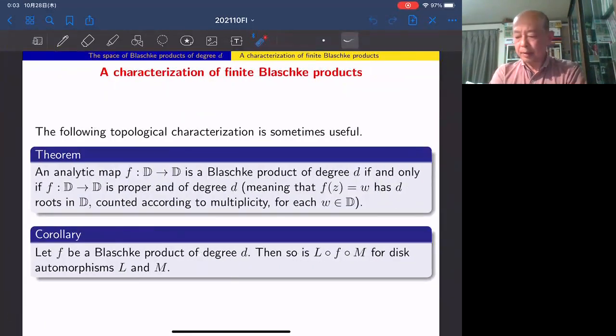Here are a couple of preliminary observations about Blaschke products, some topological characterizations. Of course, there are several such properties, but we will take one here.